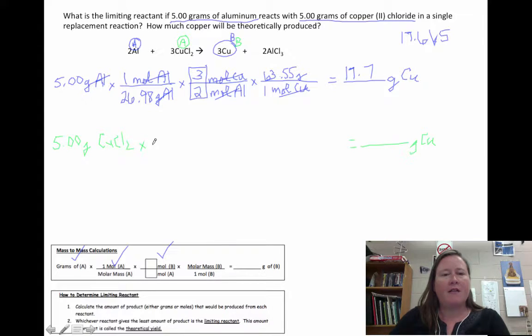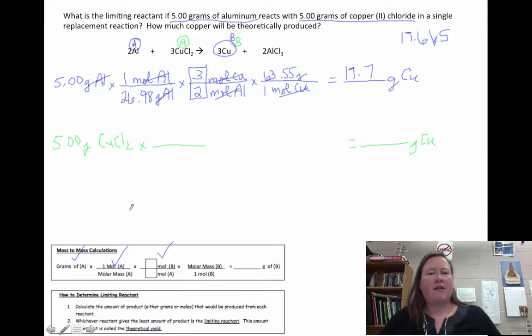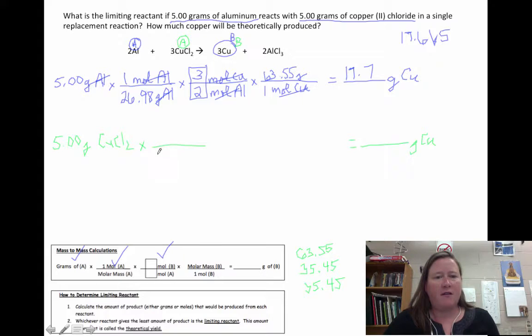Okay, so I need the molar mass of copper chloride. I know that chlorine is 35.45. Just do this off to the side. Copper is 63.55. Each chlorine is 35.45. And I'll use my calculator for this. 63.55 plus 35.45 plus 35.45 is 134.45 grams.